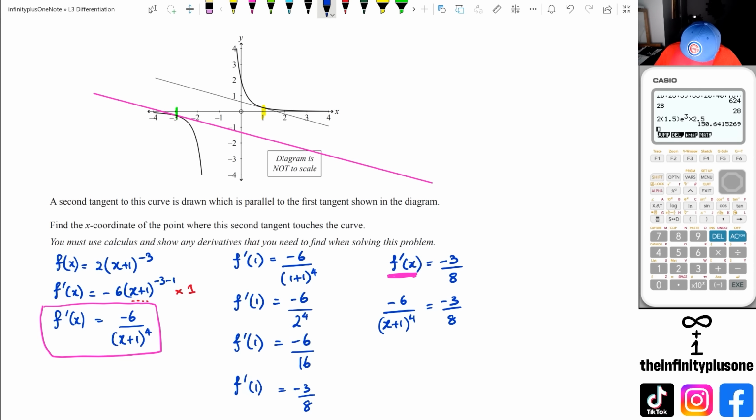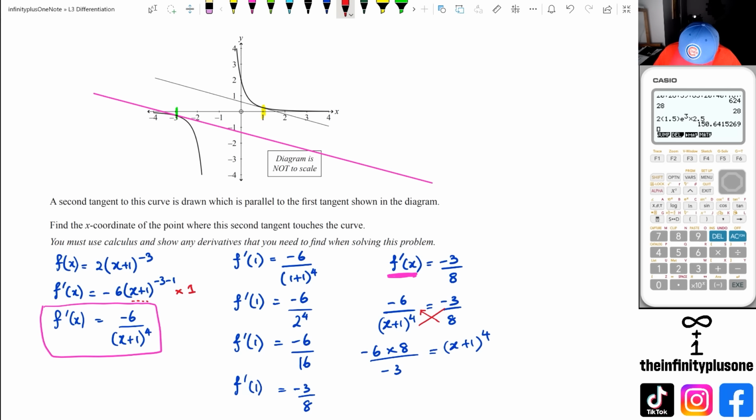Now we're going to cross multiply this. So negative 6 multiplied by 8 divided by negative 3 equals (x plus 1) to the power of 4. All I've done there is a cross multiplication.